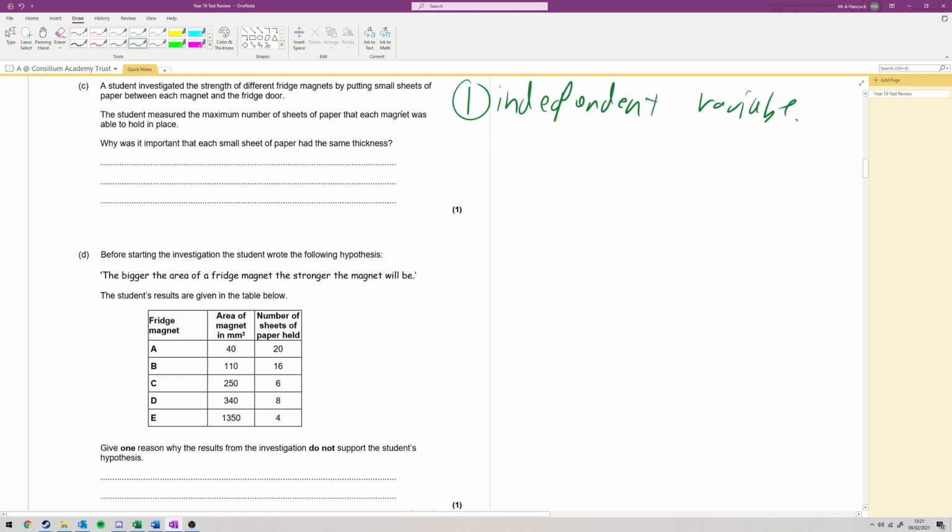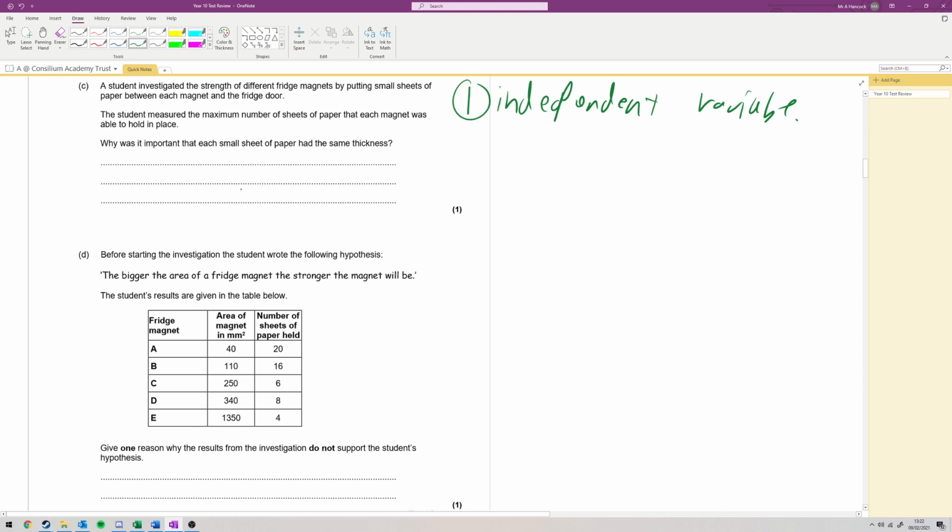In this test, the number of pieces of paper is your independent variable. If the thickness of the paper changed as well, that would be 2 independent variables, and your results wouldn't mean anything.